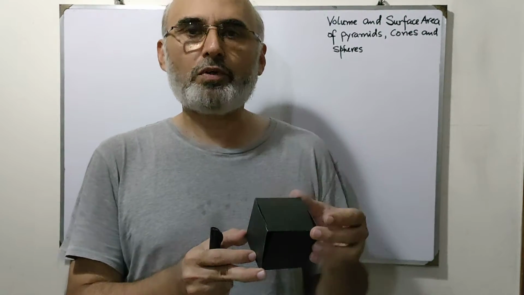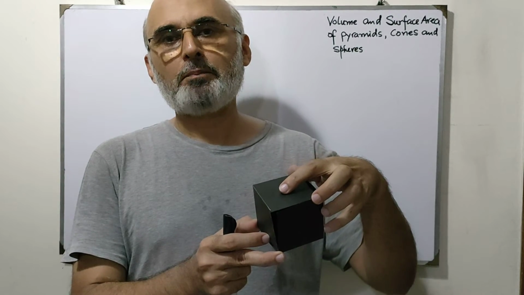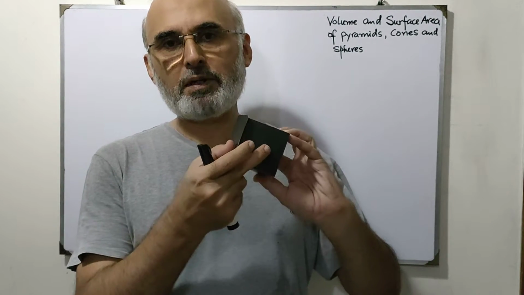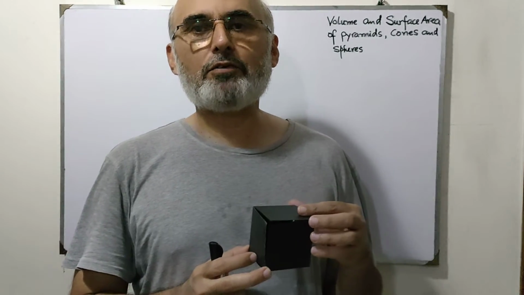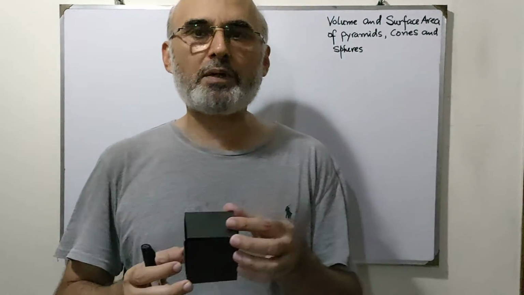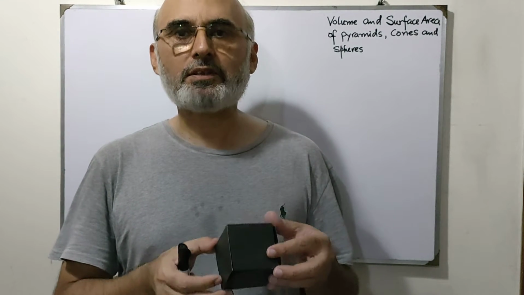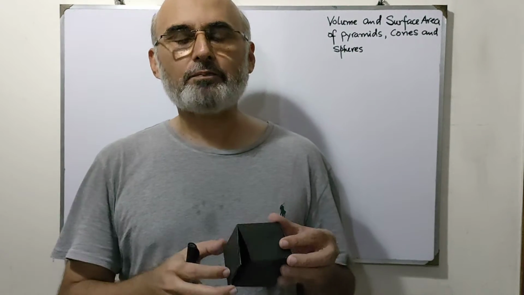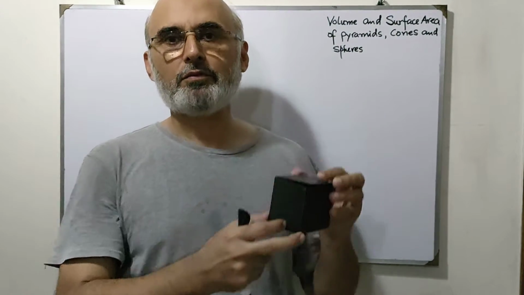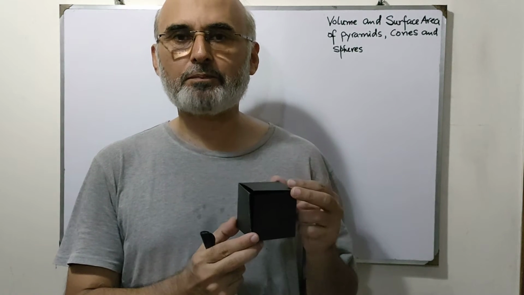And if we have to find the volume of this square prism, what we have to do? We have to see, okay, if this is the base or this is the base, they are same. So what do we do to find the area of a base? Length into breadth. So if the length and the breadth are the same, so 2 sides, okay, and then into the height, we got the volume of a square prism.